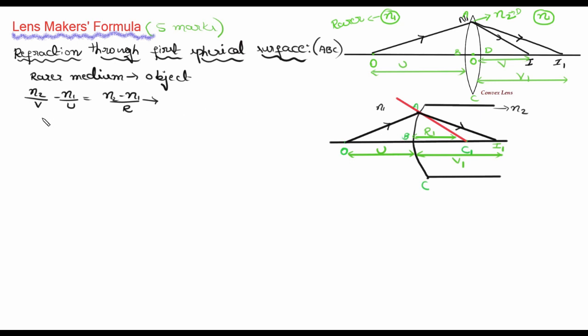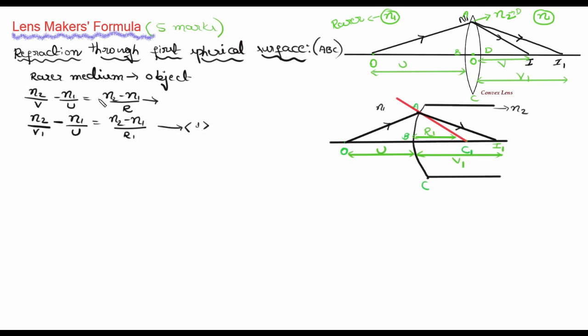The second medium has refractive index N2, divided by, in place of V, we have represented image distance as V1, minus N1 divided by U. Object distance is represented by U here, is equal to N2 minus N1 divided by R. Here we have taken R for the general derivation, but here we have R1, the radius of curvature R1. Call it equation number 1.